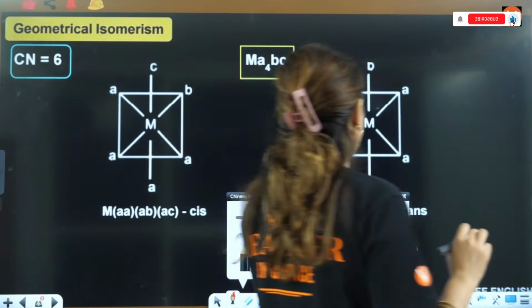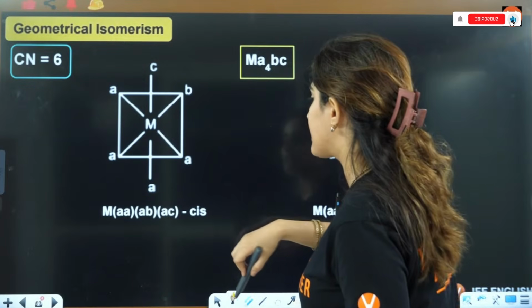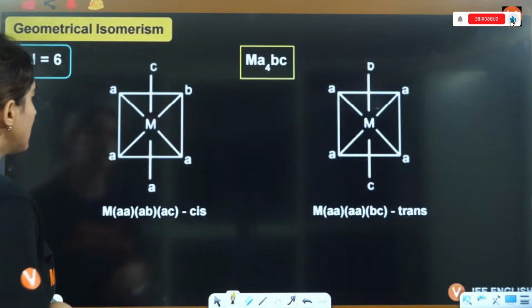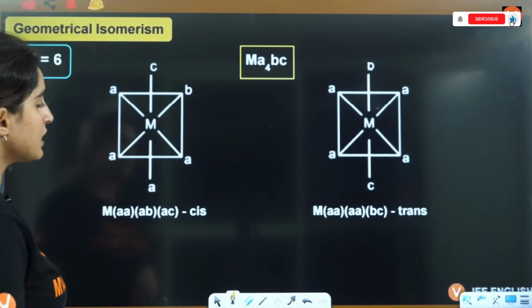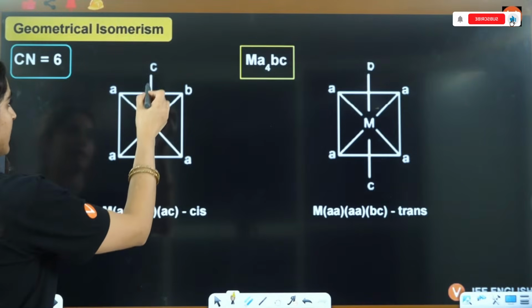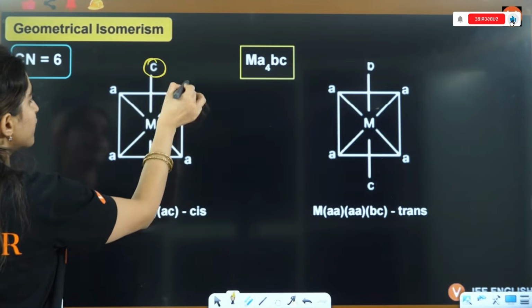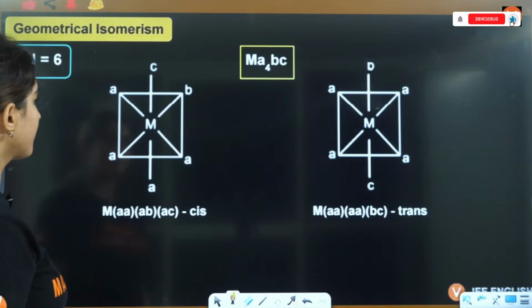Then you have A4BC. In case of A4BC, how do you see? Here in this case, if you see, C and B are next to each other, right? That's why we are saying that it is behaving as a cis, right? Okay.